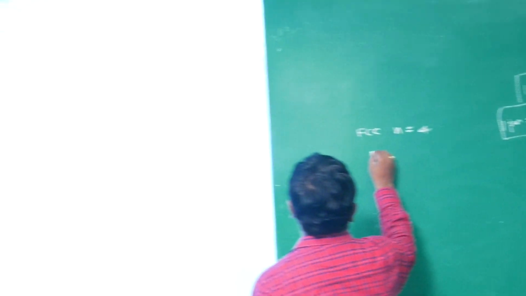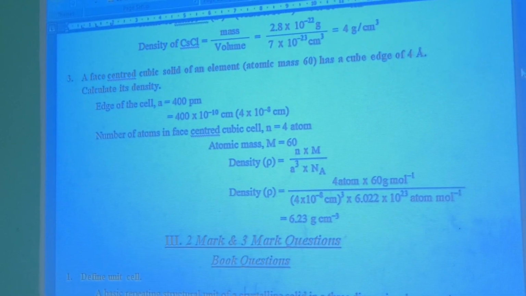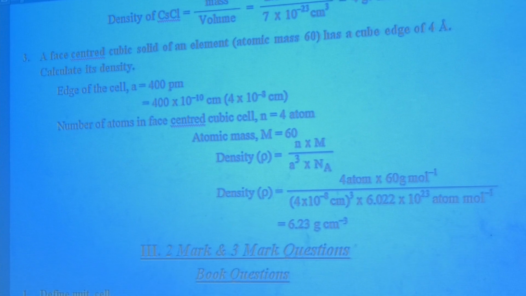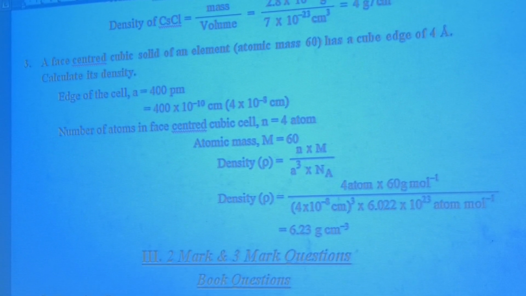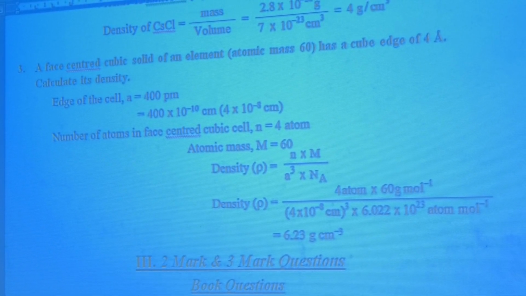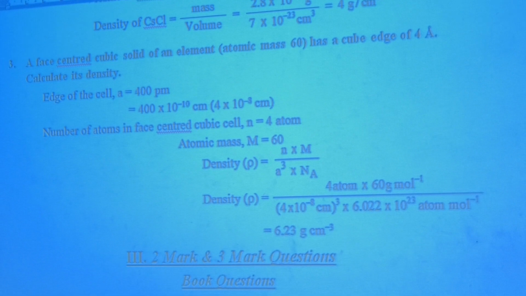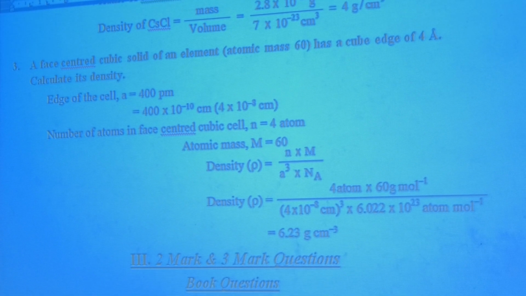Atomic mass, since everything is made of atoms, is nothing but molar mass. Molecule means molar mass, atom means atomic mass. It is 60 gram per mole. Then edge length A is 4 into 10 power minus 10 meter, which is equal to 4 into 10 power minus 8 centimeter.